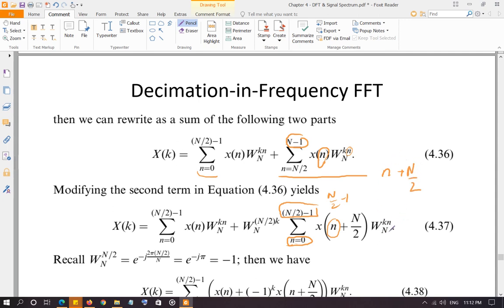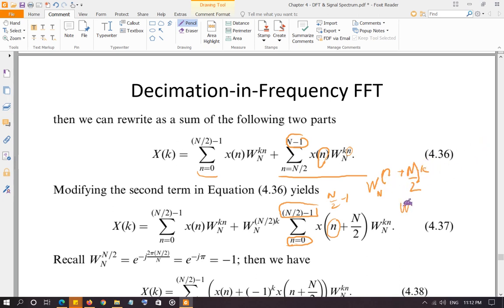So here n plus n by 2, so that I can write down W_N of kn, right? And then W_N of kn by 2, W_N of n, k times n by 2. So I basically distribute it, because this is my W, this n and times k, right?